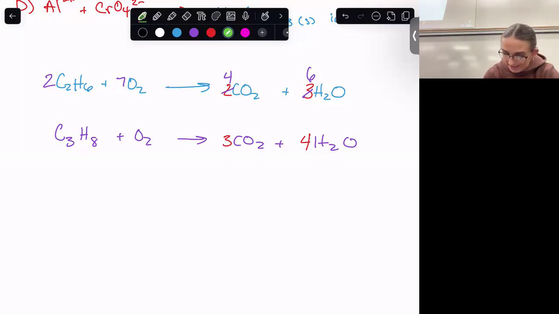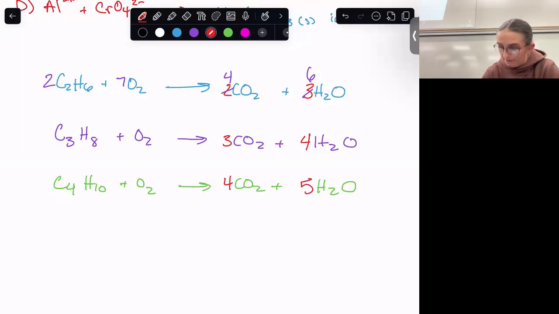But if we looked at C4H10, right now we still have to multiply this by 4, but now we have 5 originally. So whenever you have that odd number of hydrogens, you can always go by 2.